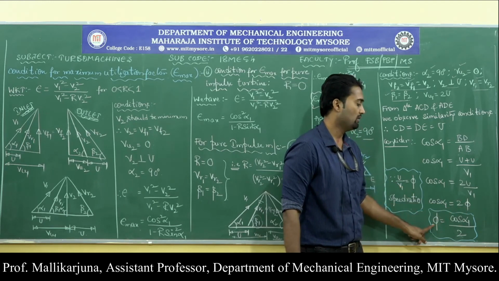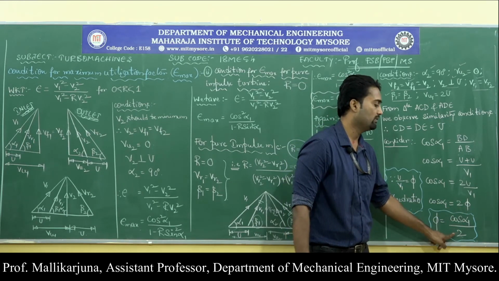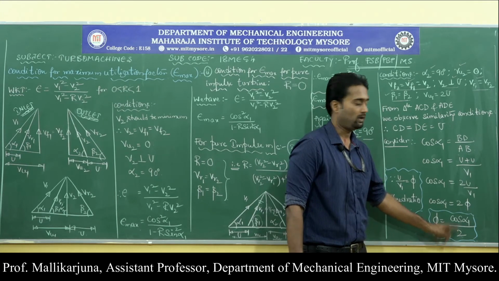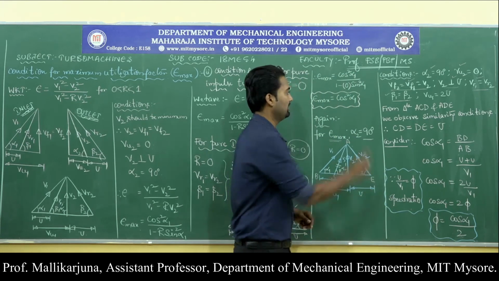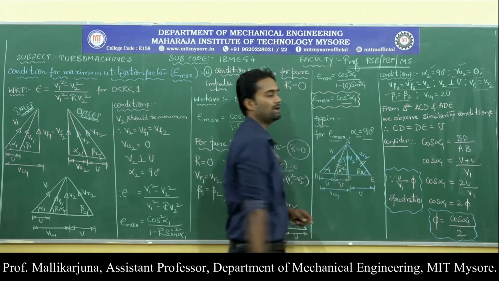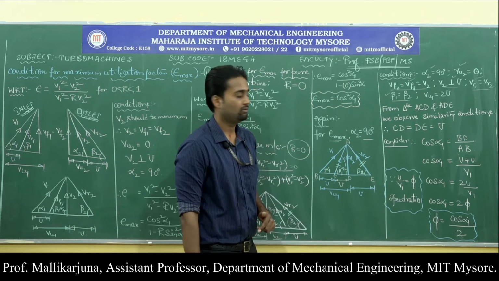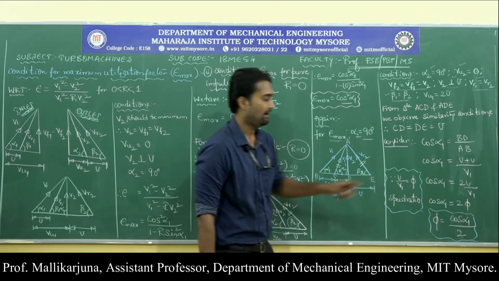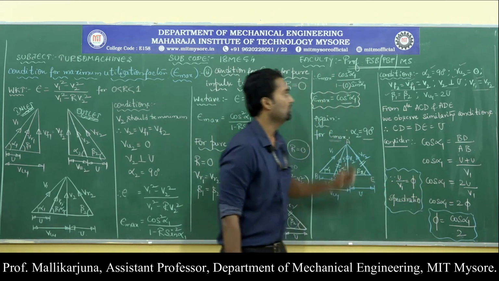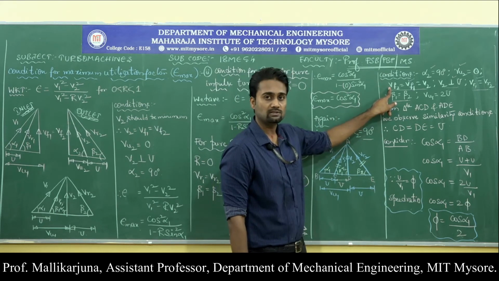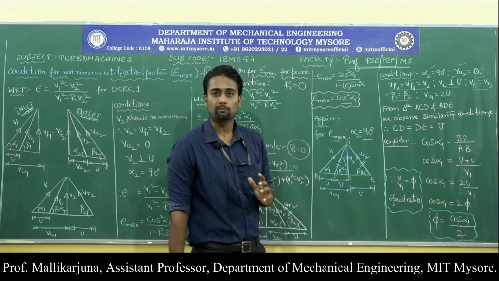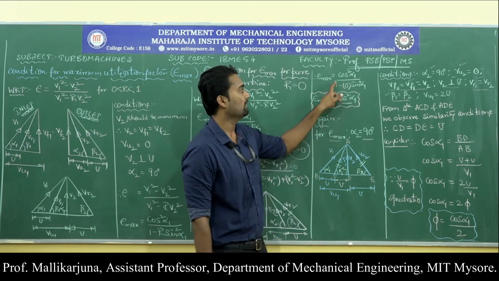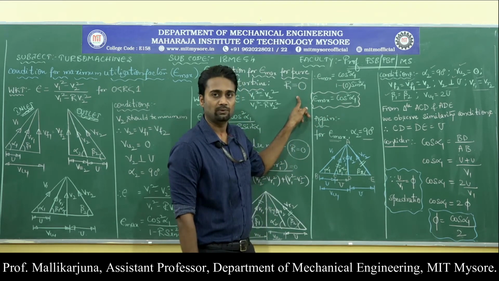If you look on to the value of phi, which is nothing but cos alpha 1 divided by 2, or else cos alpha 1 will be equal to 2 times of phi. So this cos alpha 1 will take the value of 2 phi at the end upon the substitution of overall conditions for maximum utilization factor for the turbo machines whose value of R is equal to 0.